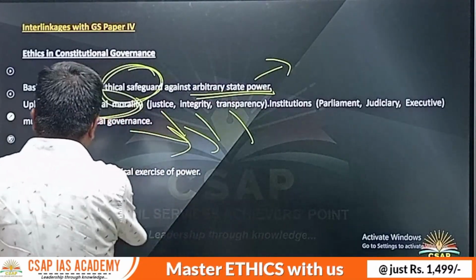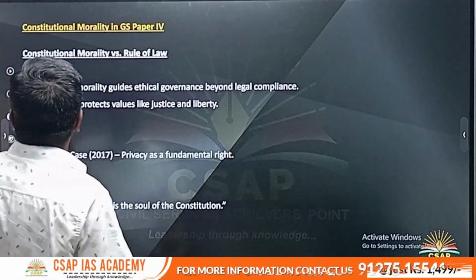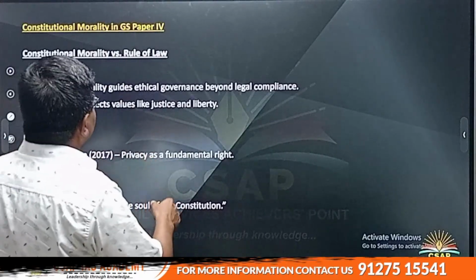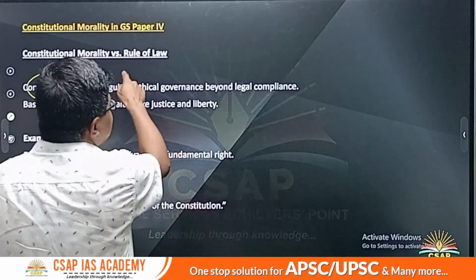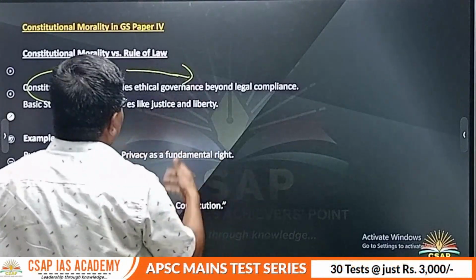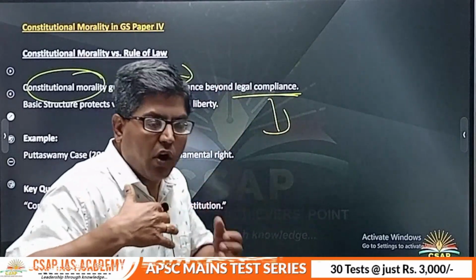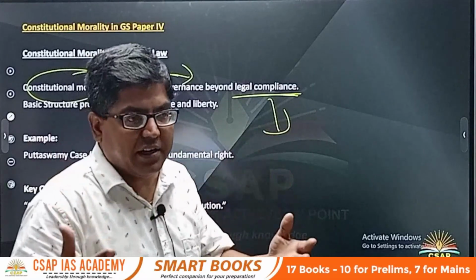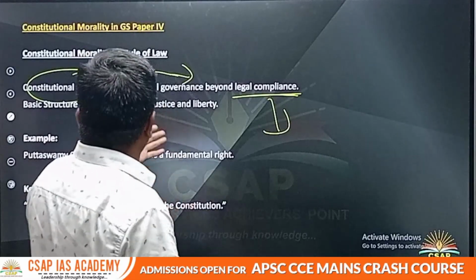Now, judicial review, for example, ensures ethical exercise of power, as we have discussed. Now, constitutional morality versus rule of law. Constitutional morality is much wider, so this guides ethical governance. It's not just legal compliance where you just follow the law. So the basic structure protects values like justice and liberty.